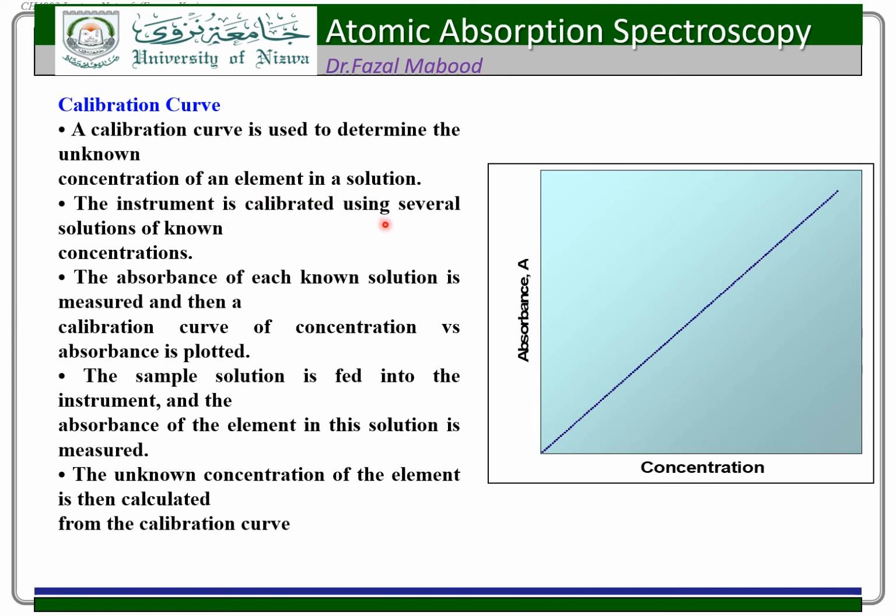The instrument is calibrated using several solutions of known concentration, which we call standard solutions. The absorption of each known solution is measured, and a calibration curve of concentration versus absorbance is plotted. The sample solution is fed into the instrument and the absorption of the element in this solution is measured. The unknown concentration of the element is then calculated from the calibration curve.